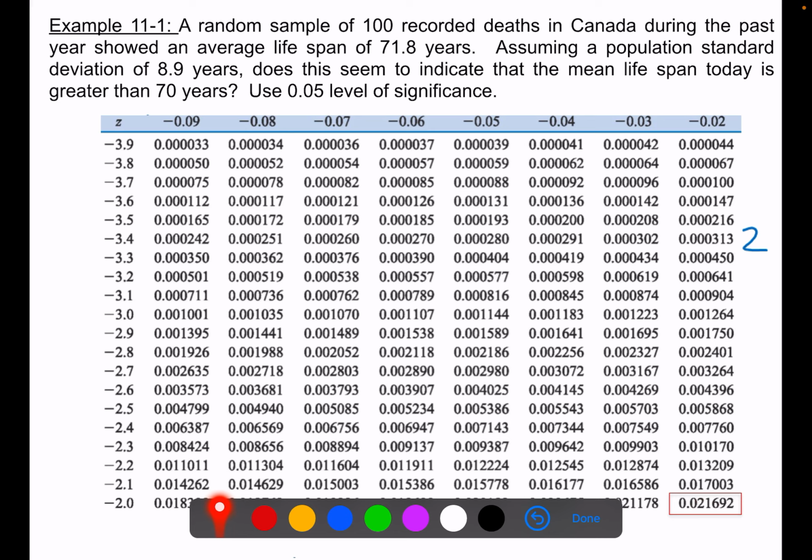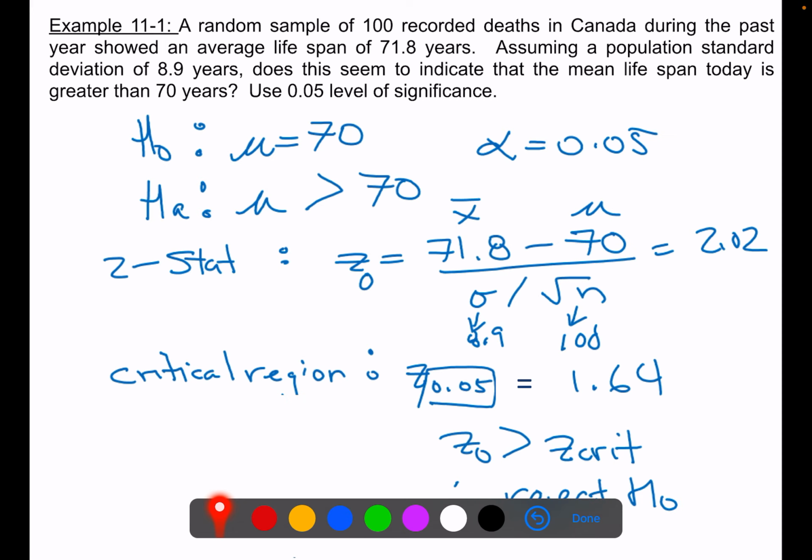Yeah. Why do we look at minus 2? Why am I looking at minus 2, not 2.02? Yeah, that's a good question.